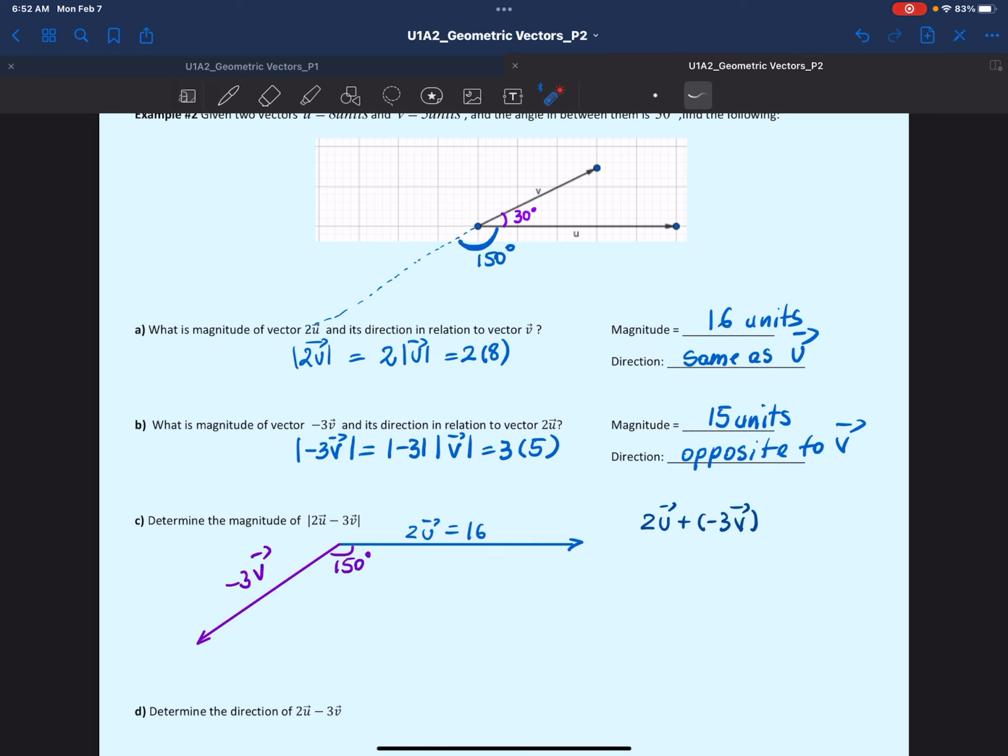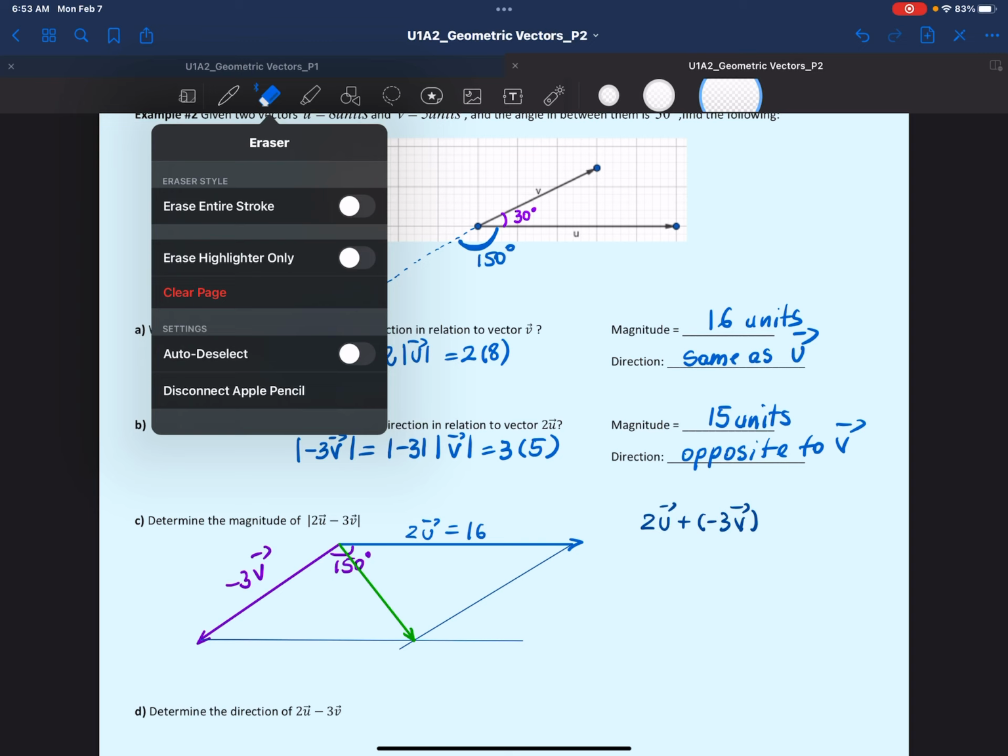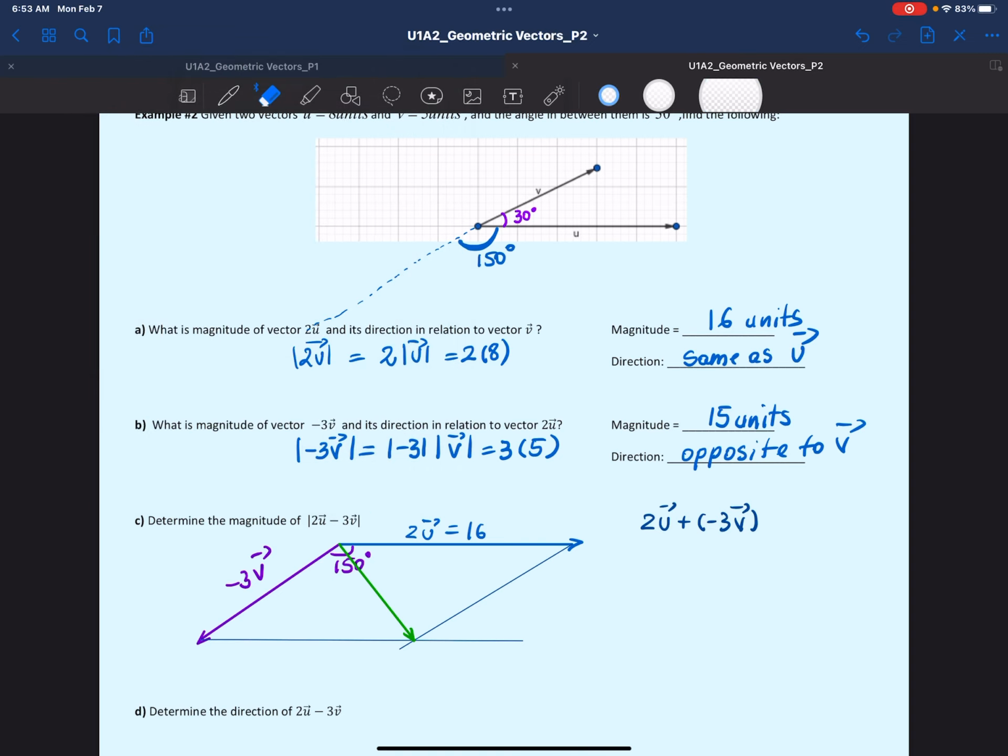We're going to use the parallelogram rule since they're already placed tail to tail. The resultant vector will be the one that comes from the connected tails towards the opposite vertex.